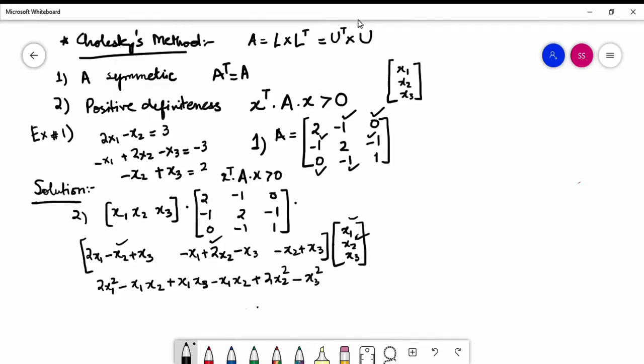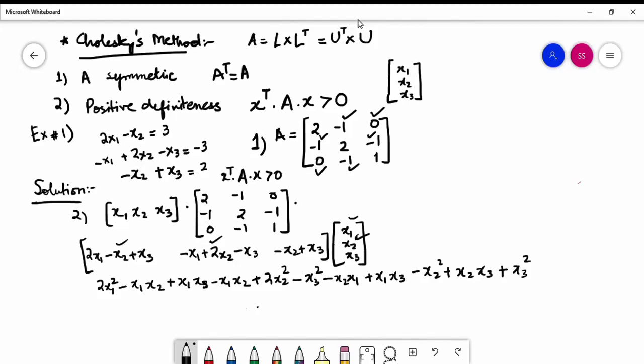So the third will be minus x2 into x1, so minus x1 x2, this one plus x1 x3, and also minus x2 square plus x2 x3 and plus x3 square.